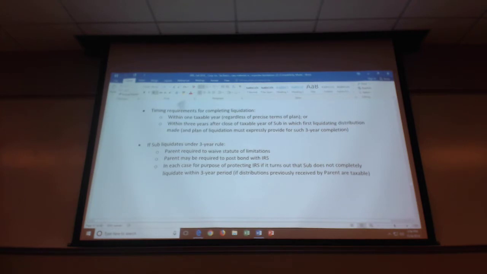The corporations are required to do what we call a waiver of the statute of limitations, meaning that the corporation has to voluntarily keep the statute of limitations open just in case it doesn't ultimately comply with this 3-year rule, to give the IRS an opportunity to go back and assess any tax if it turns out that the corporation did not comply with any of the requirements. The IRS doesn't want to be whipsawed.